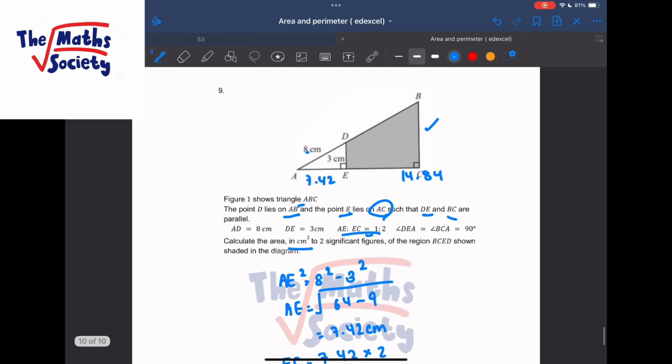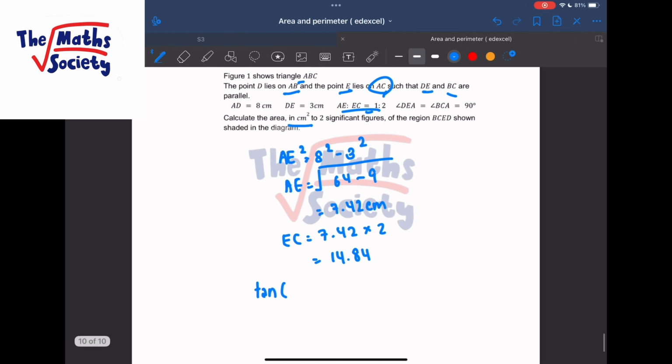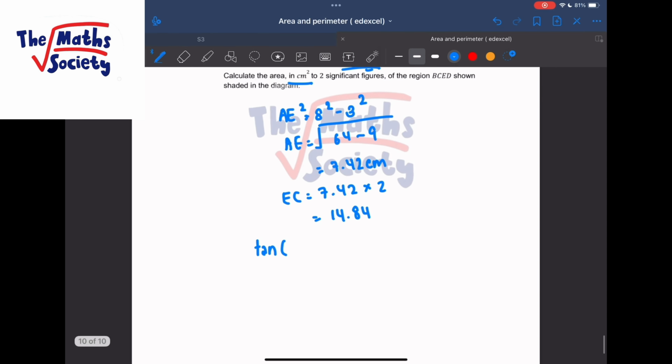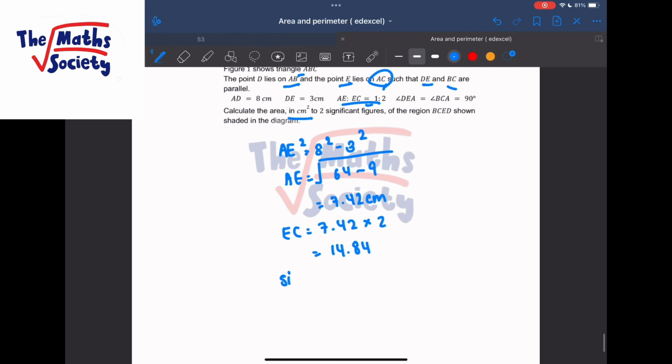We can find this one using tangent, O by A. But we still need to know the angle of this. So we'll find the angle first, which is going to be sine. We can use 3 by 8, right? So sine DAE equals 3 by 8, so DAE would be equal to 22.02 degrees.